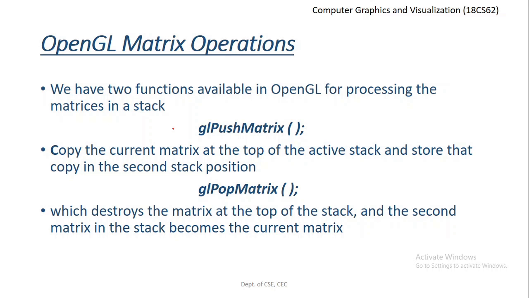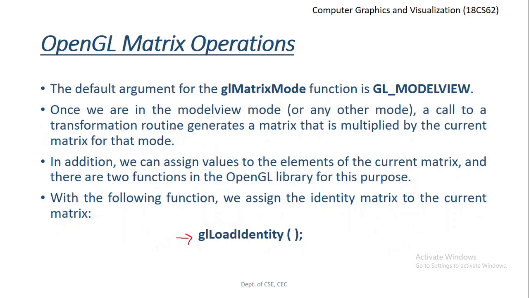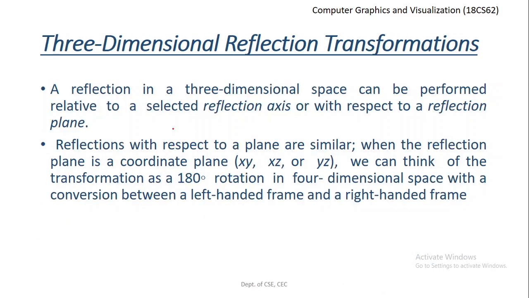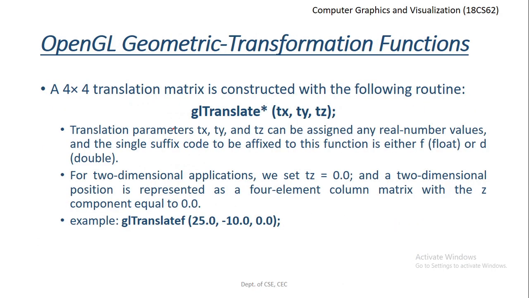So these are the things we discussed. In today's class, we discussed what we mean by the scaling transform, 3D scaling geometric transformation. We discussed 3D transformations called reflection and shearing, and then we discussed the OpenGL functions we have for geometric transformation.